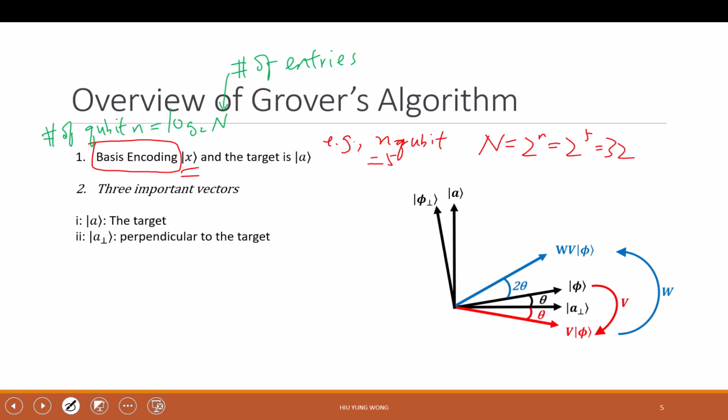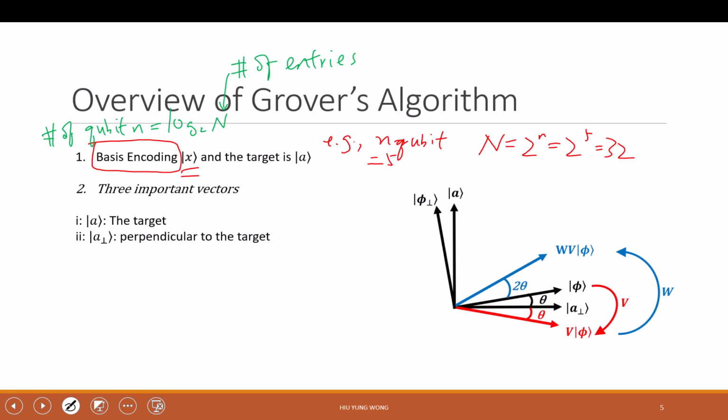Because if I have 1 billion entries, I only need log base 2 of N, which is how many? 30 qubits. 30 qubits can encode 1 billion data. Now you start seeing that looks pretty good. Just 30 electrons. If I do it well, I can do the Grover search for 1 billion data.